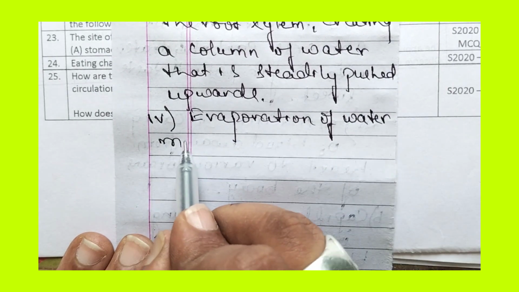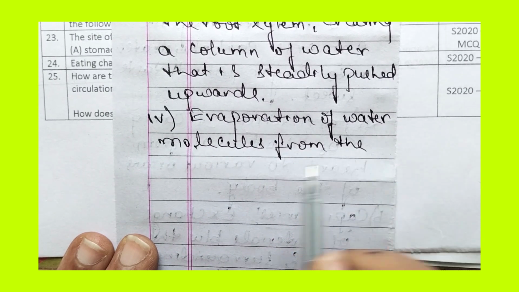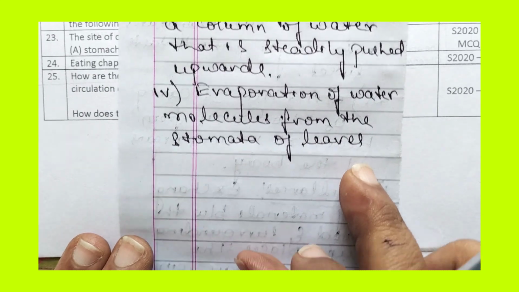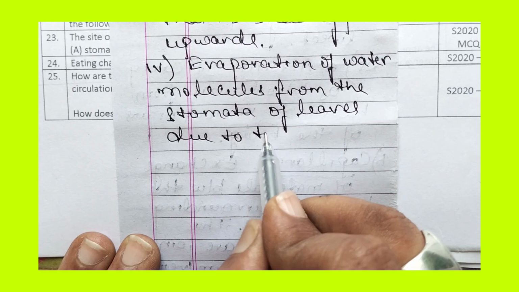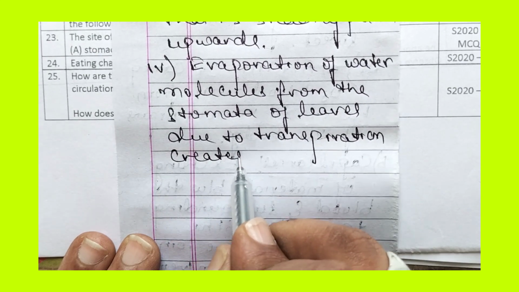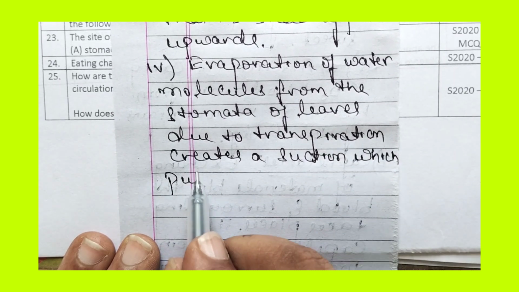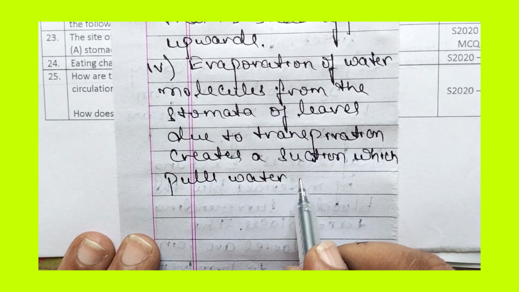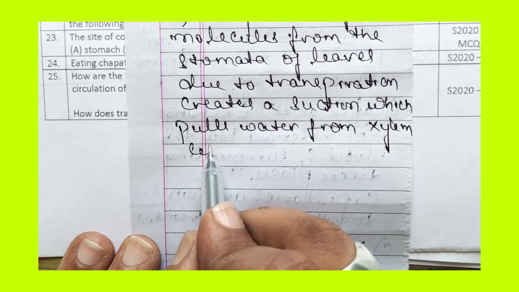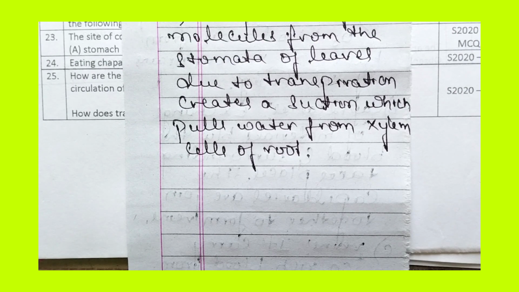Evaporation of water molecules from the stomata of leaves due to transpiration creates a suction which pulls water from the xylem cells of the root, in a plant which is very tall. So like this it will take place.